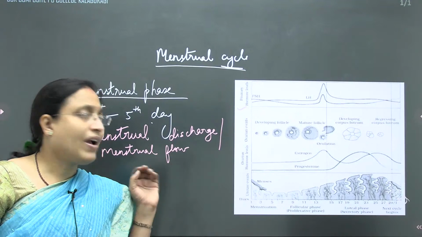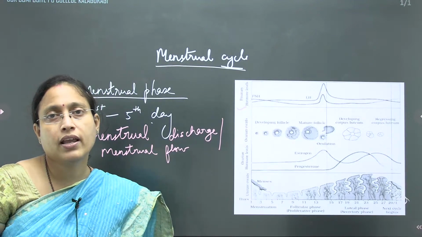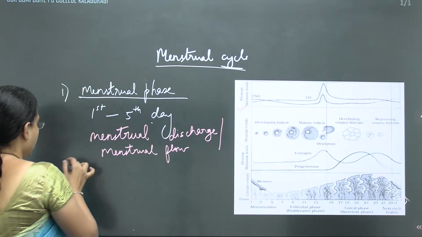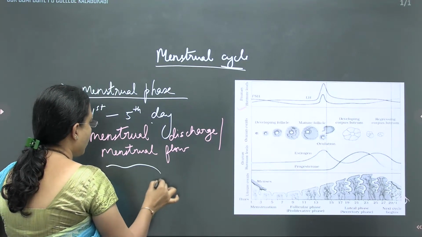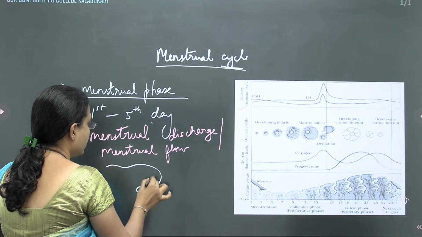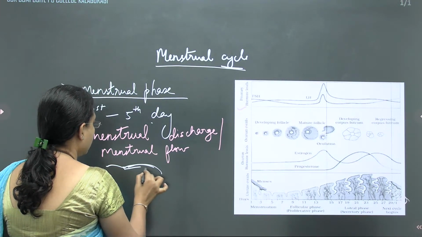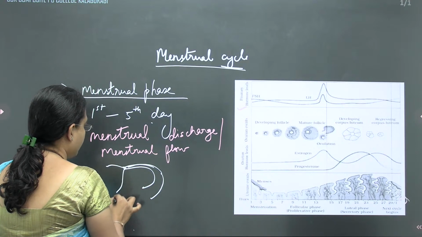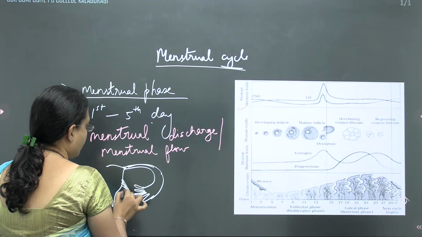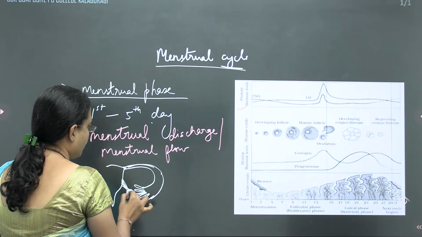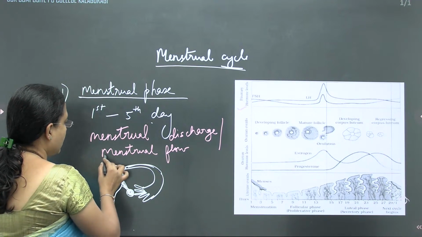Now, why does this discharge or flow occur? Everything is hormonally controlled. You all know the human reproductive system which you have studied. This is only a portion of it, the remaining is just symmetric.